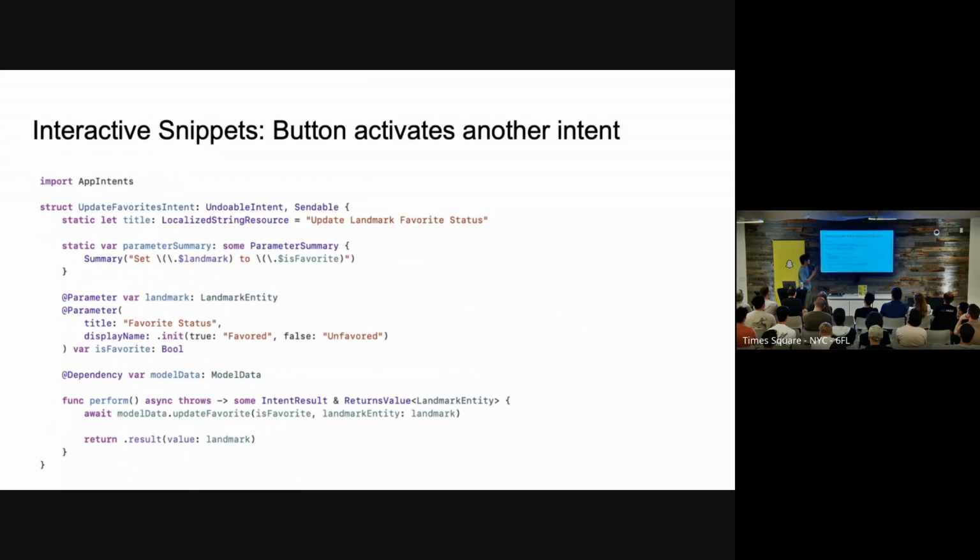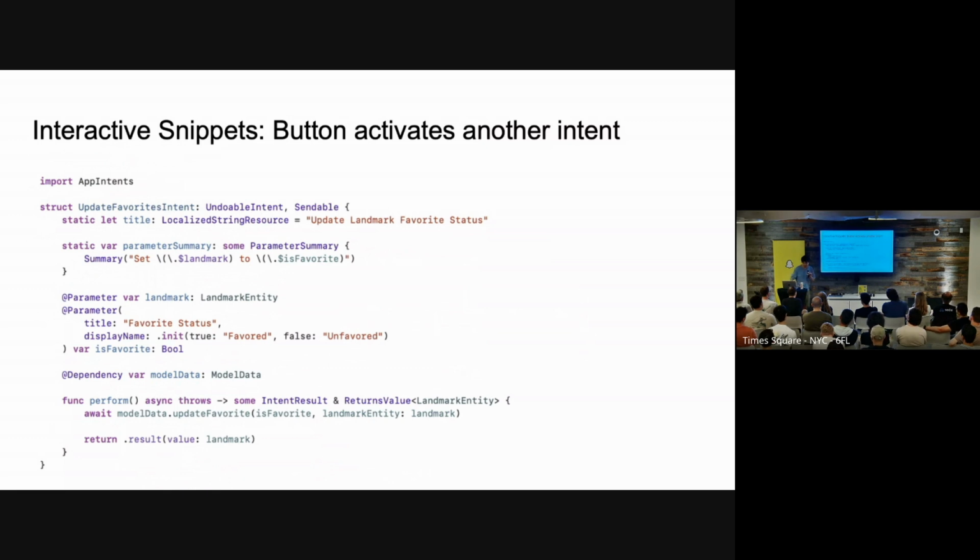You create the update favorites intent. It's an intent, so it has to be sendable. It would take in some parameters, and it has its own perform method. And in that perform method is where you would actually do the real logic that you would have done in that non-working version I showed you before, which is await model data, update favorite, and you return any entity that changed.